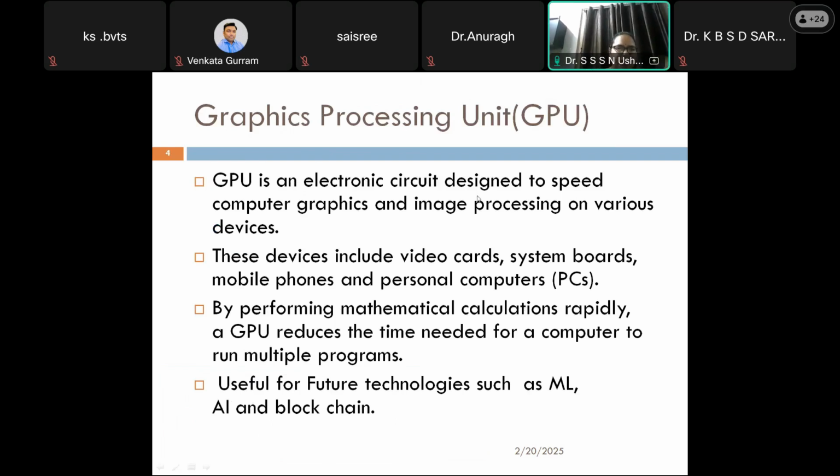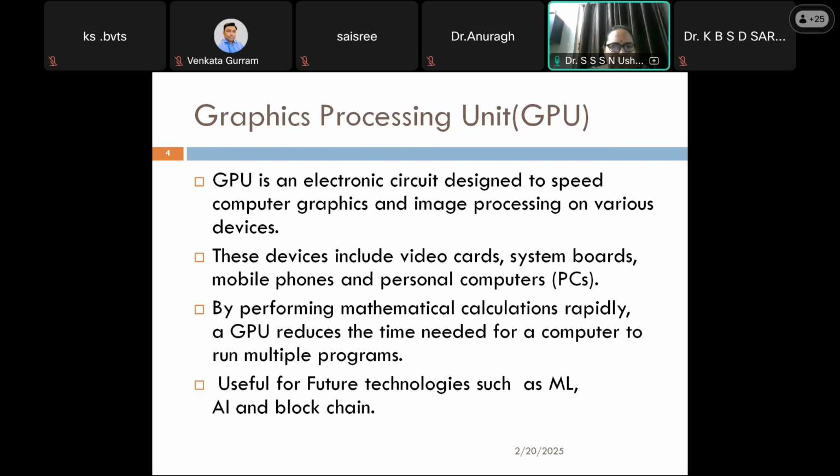Next, graphics processing unit, GPU. Why do we need a GPU actually? We are already aware of the central processing unit, CPU, which we are already using, right? So why do we need a GPU? The GPU is also an electronic circuit. It is not something different from a CPU. I will show the architecture of the GPU also.